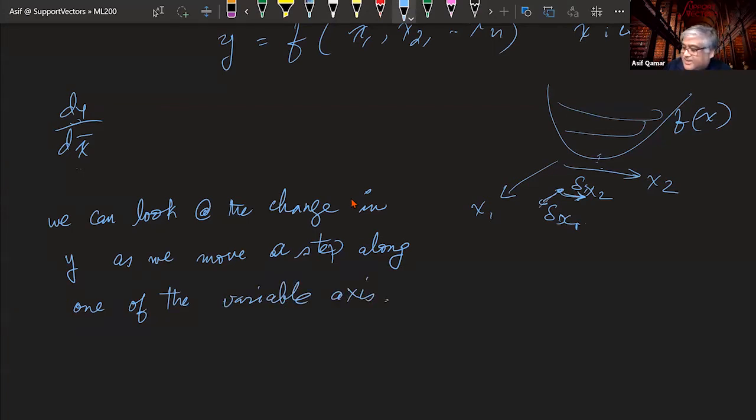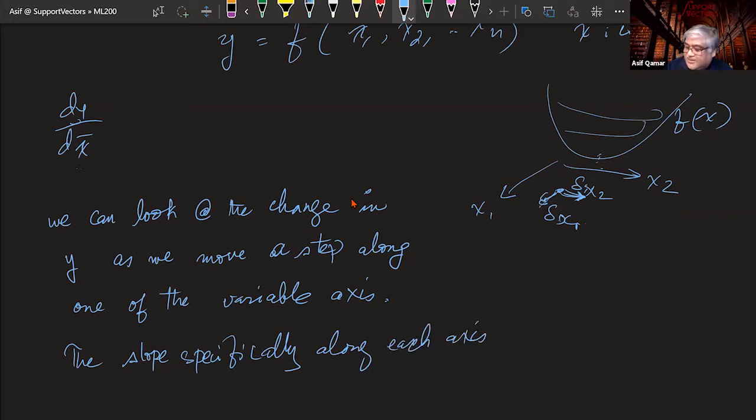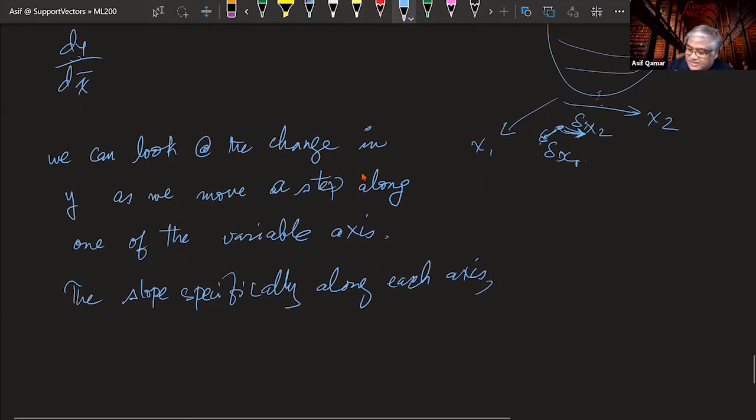All you can do is take a small step in this direction or this direction. Each one of them will produce its derivatives, the partial slope specifically along each axis, keeping the other axes not changing.